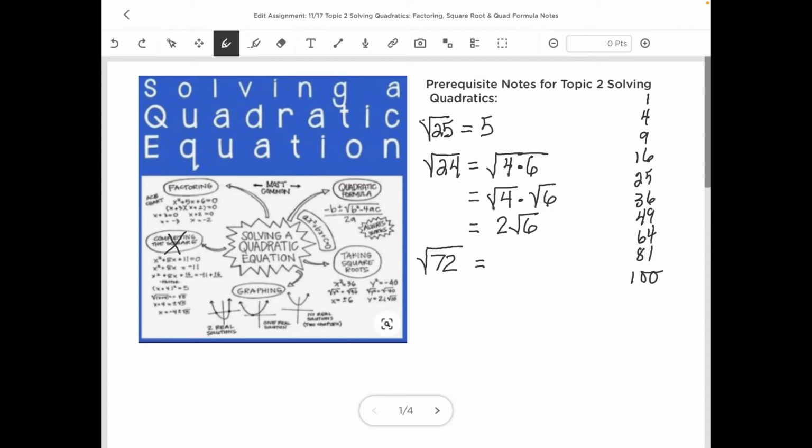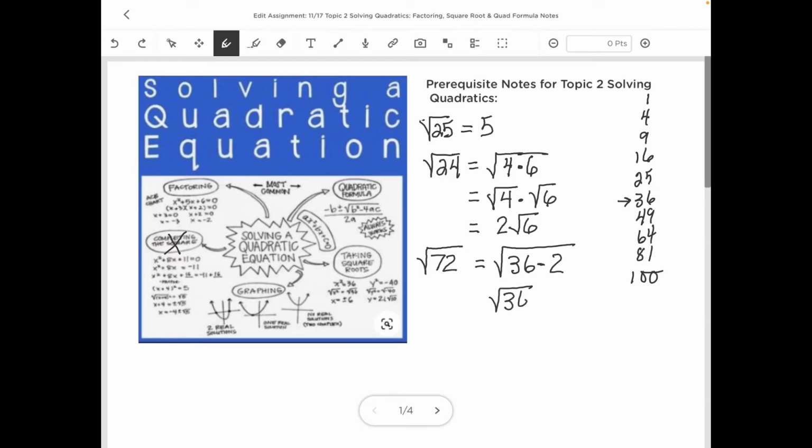But as you keep scanning down, 9 is a factor of 72. And if you keep going down, 36 is a factor of 72. And so the square root of 72 should be factored into the square root of 36 times 2. This is the most efficient way to do it, and it saves you steps and time.